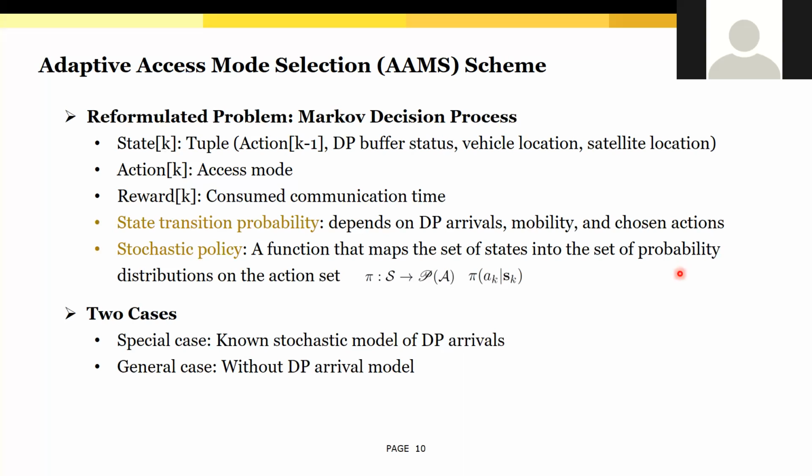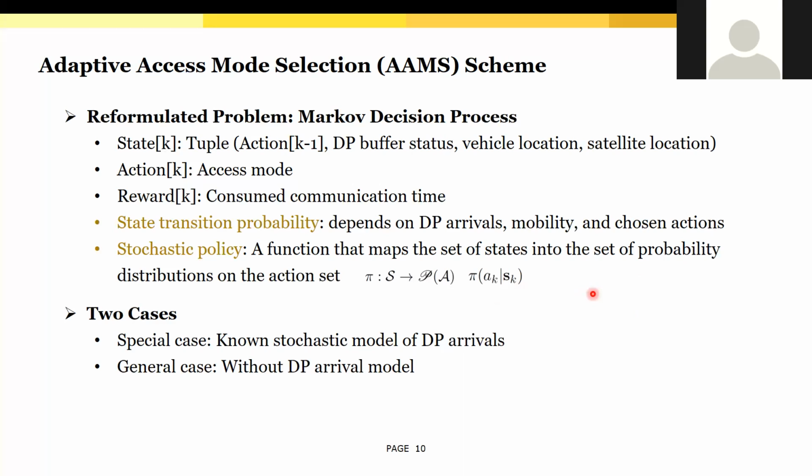Let the random process of data packet arrival be stationary over this long-term period. We adopt a stationary stochastic policy for AMS, denoted by pi. The stochastic policy is a function that maps the state space into a probability distribution on the action space.